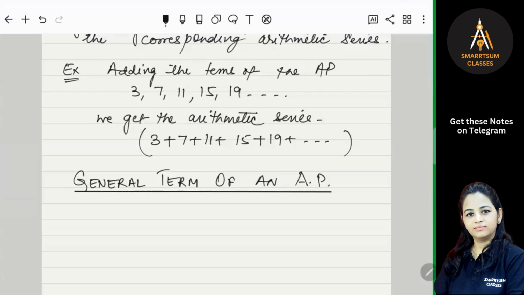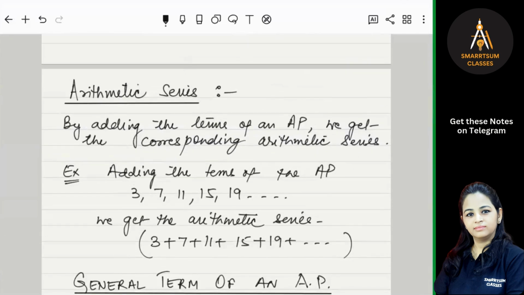Now, the general term of an AP. As you have seen, we can find whether the given sequence or progression is an AP or not by finding the common difference. If the common difference is a constant, then the given progression is an arithmetic progression. Now, once we have an arithmetic progression, there should be some general rule to find the nth term.